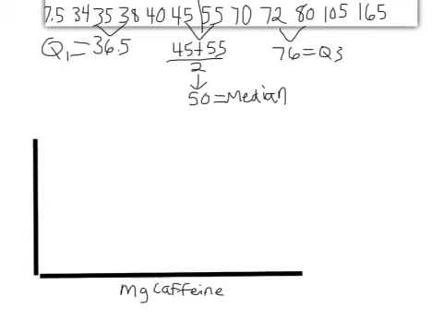And we will start by picking out an appropriate window or interval to display on the graph. So why don't we do 50? Sounds pretty good to me. We'll start with 50 milligrams here, 100 here, and 150 here.